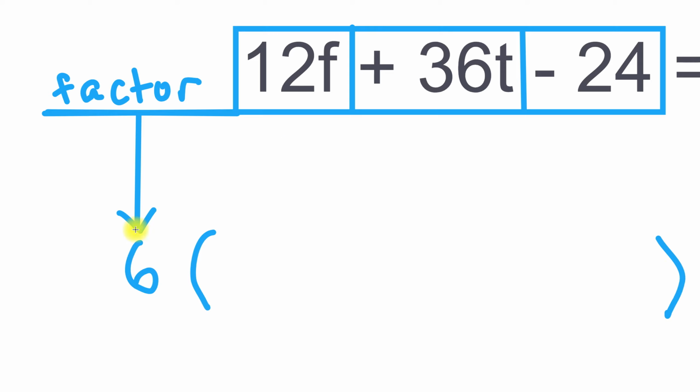And then, since 6 is my factor, I'm going to go across this way, and I'm going to show that I'm dividing each individual term by 6. So we'll have divided by 6 here, divided by 6 here, and divided by 6 here.